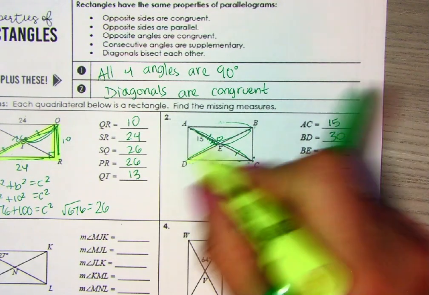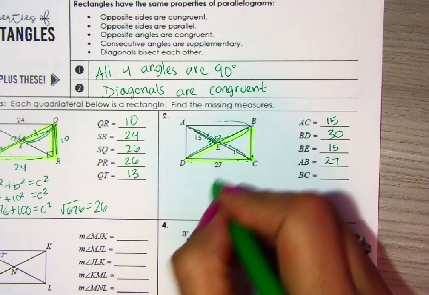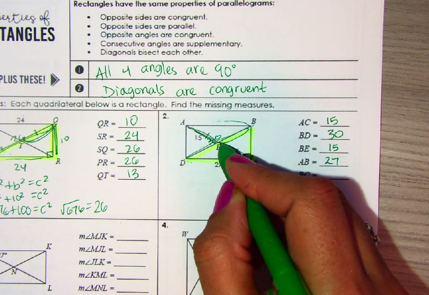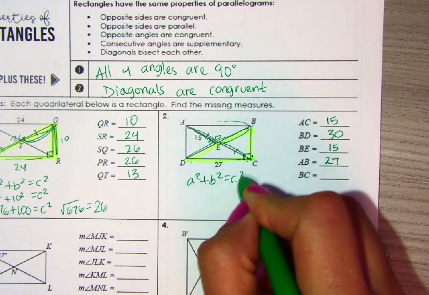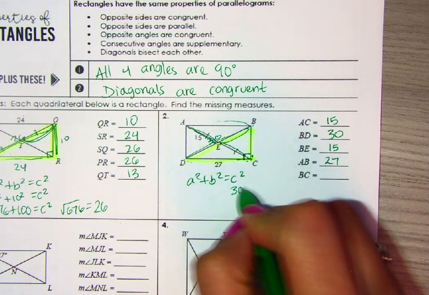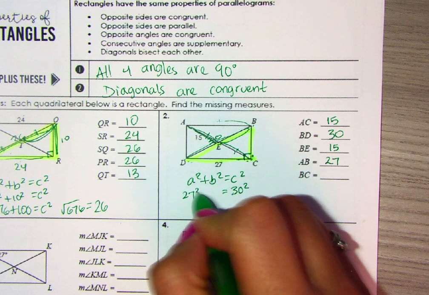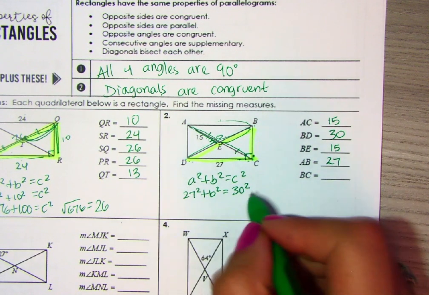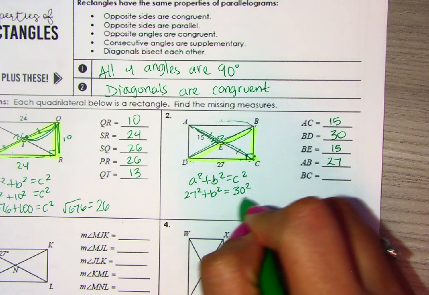So we have another Pythagorean theorem needed here. This is the 90 degree angle, and across from the 90 degrees is the hypotenuse, so that's 30. When we do a squared plus b squared equals c squared, we have 30 as the hypotenuse, and one of the legs is 27. So when we square 27 and also 30 squared, we're going to end up subtracting those.